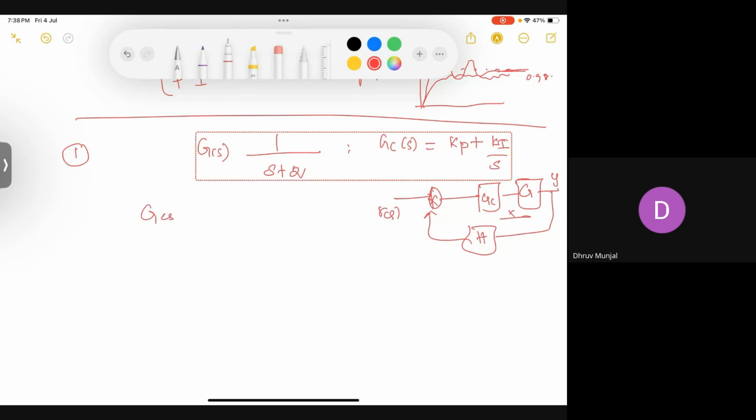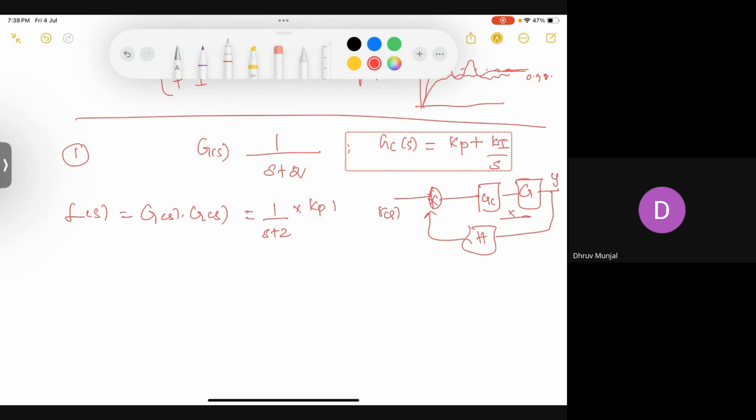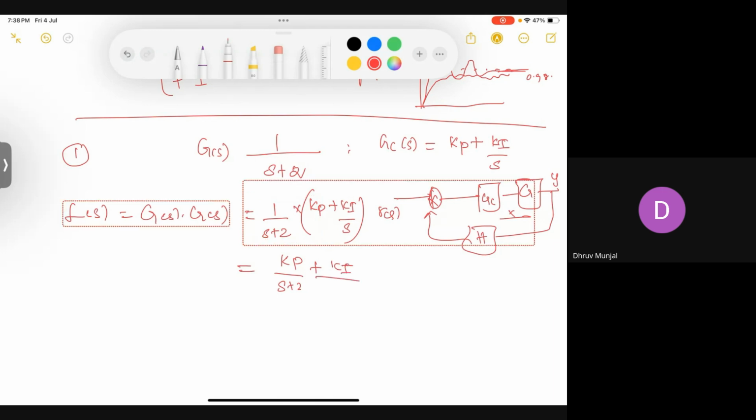So G of S into GC of S, your loop transfer function, would be 1 by S plus 2 into Kp plus Ki by S. This will be inside. So this will become Kp by S plus 2 plus Ki by S into S plus 2. This is going to be your G of S into GC of S.